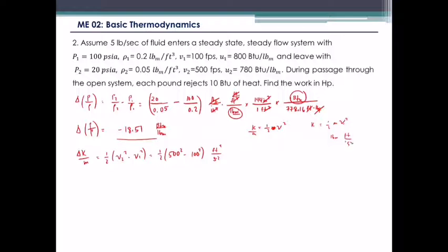So we will use 32.174, which is the value of K, pound mass feet per pound force second squared.